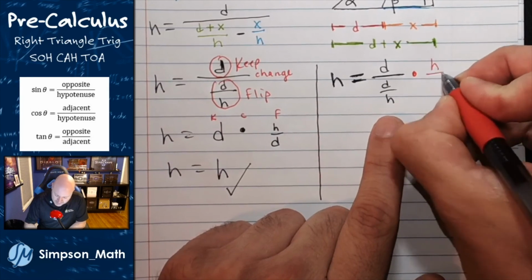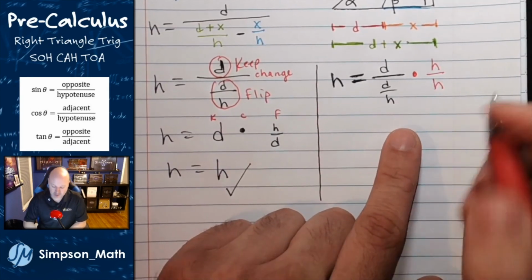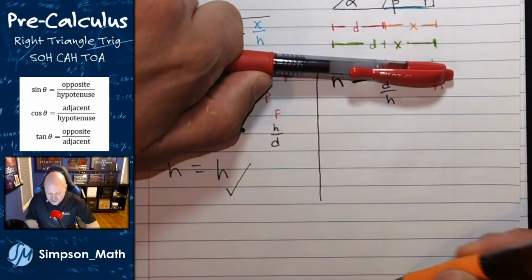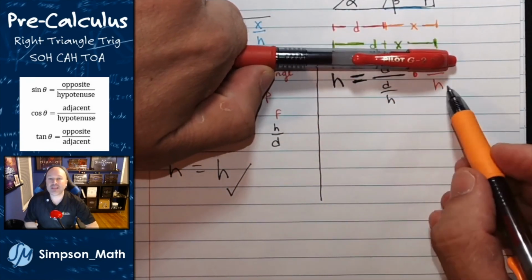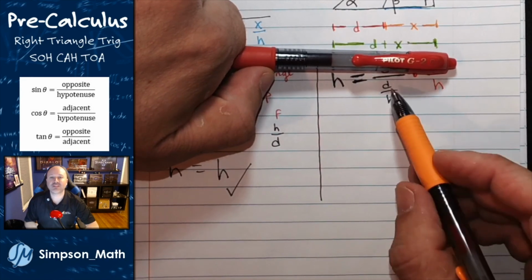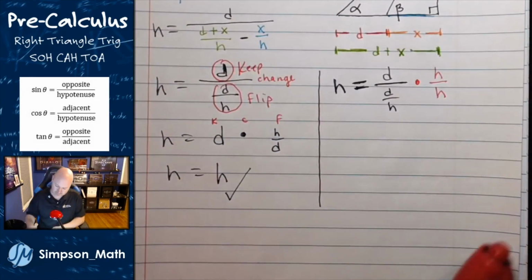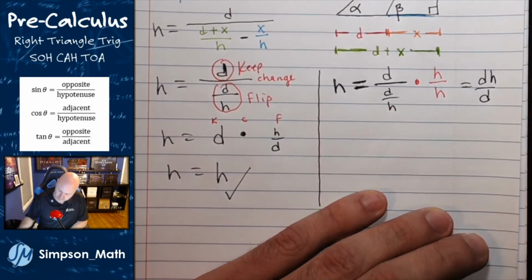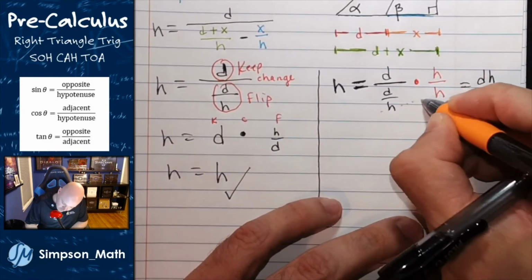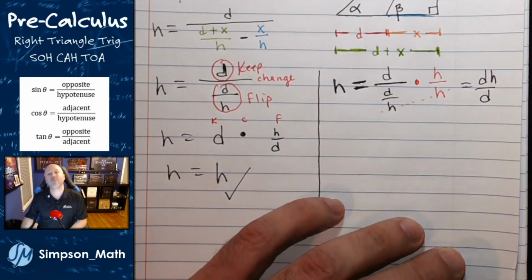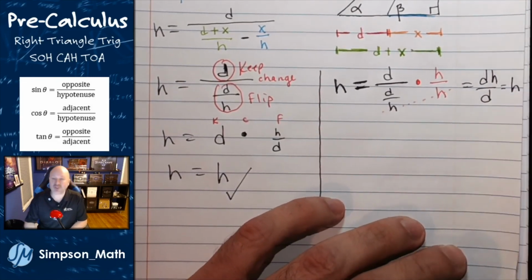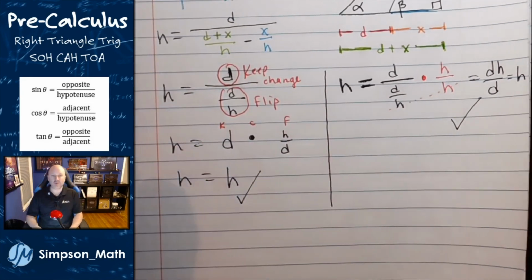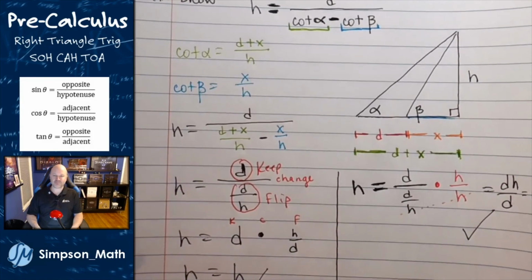So if we multiply by h over h, that should do it. I'm just multiplying by a form of 1, but when I do the denominator, notice the h's will reduce, leaving me with just d in the denominator. Oh, and then the d's reduce, leaving us with just h. So yes, h equals h is a true statement. We have shown that it is true.